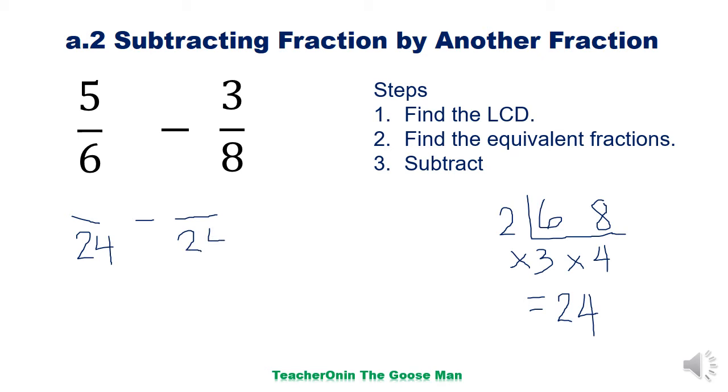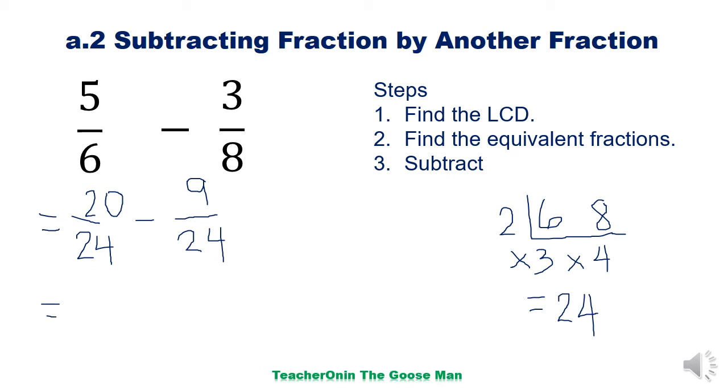Okay, since we found out the least common denominator, the next step is find the equivalent fraction. So we have 24 divided by 6 times 5. So that is actually 20. And then 24 divided by 8 is 3 times 3 is equal to 9.